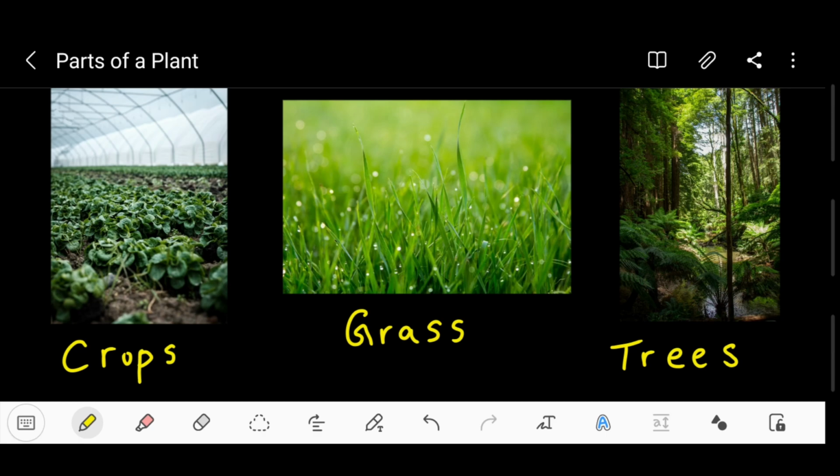So what you need to remember is that it doesn't matter that these three plants in these pictures, they don't have any fruits or flowers, but that does not make them any less of a plant. So these three examples are plants as well, and you should remember that.